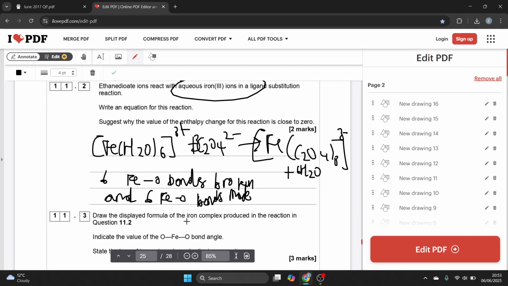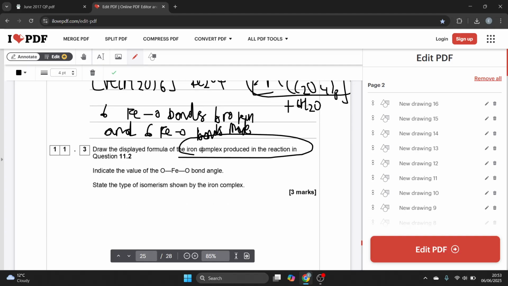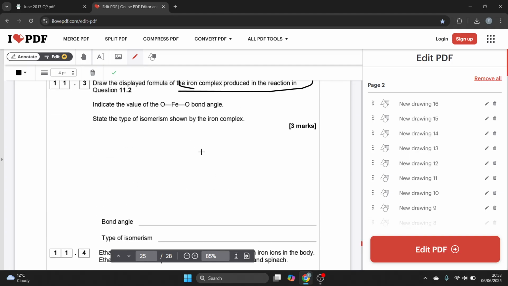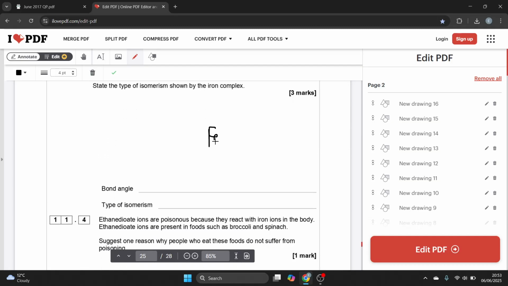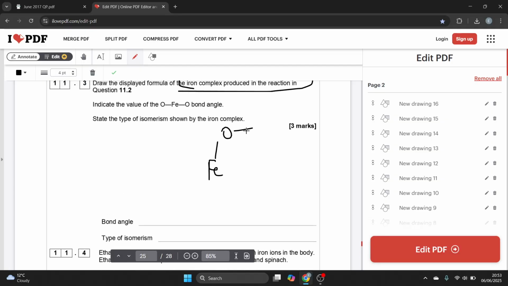Draw a displayed formula of the iron complex, question 11.2. So once we draw a displayed formula of this, okay, that's a bit difficult, isn't it? So what you have to do is you have to know what to do. So we've got Fe, and I've got my oxygen here. This is how I would do it.